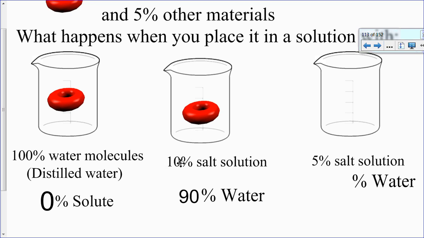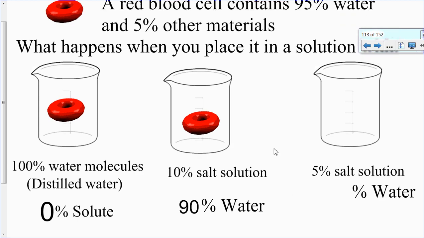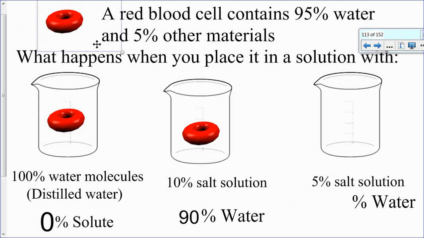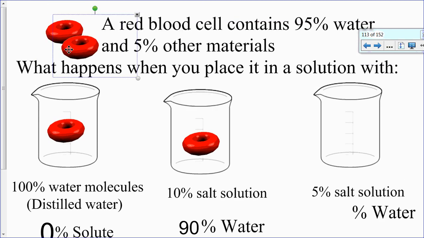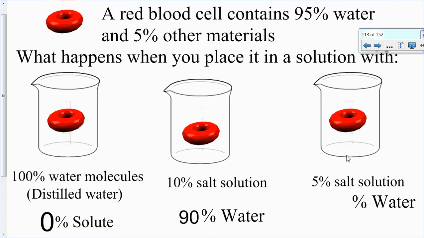So there we have a solution that I'll place the cell in with 10% salt and 90% water. And in this one, I'll put the red blood cell in an environment that's identical again to its cytoplasm. It has 5% salt, and again that would mean that it would be 95% water.